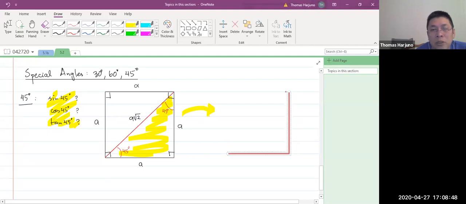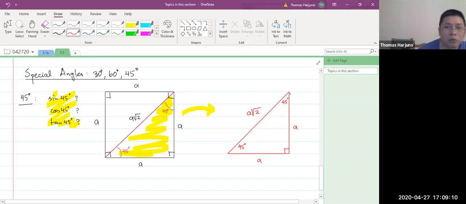You will notice that since the legs are congruent, this is A, and this is A square root of 2. So the legs have to be congruent, and the hypotenuse will be the leg multiplied by square root of 2.